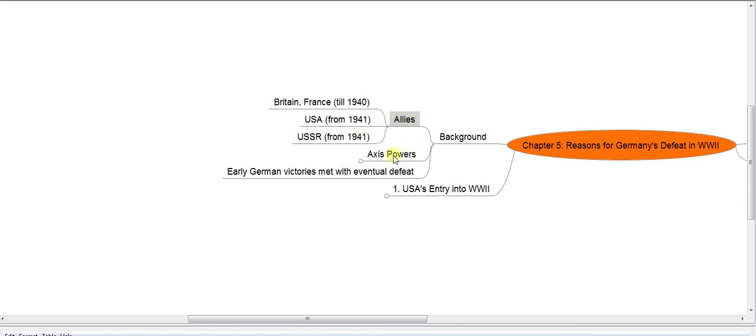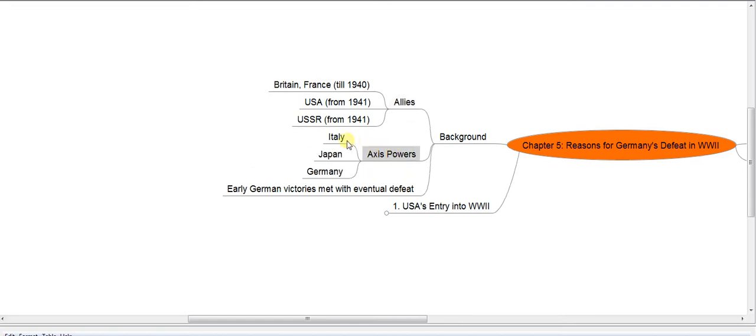Secondly, we're going to look at the Axis powers, which were the enemy of the Allies. It comprised fascist Italy under Mussolini, Japan under Emperor Hirohito, which fought mainly in the Asia Pacific area, and finally Germany under Adolf Hitler, Nazi Germany. So it's essentially the Allies versus the Axis powers.